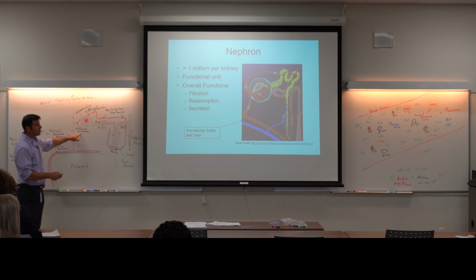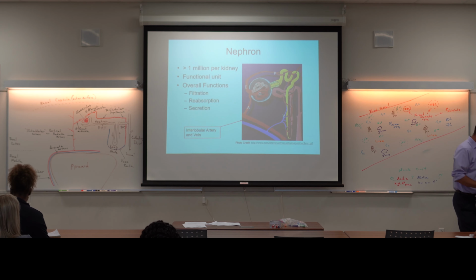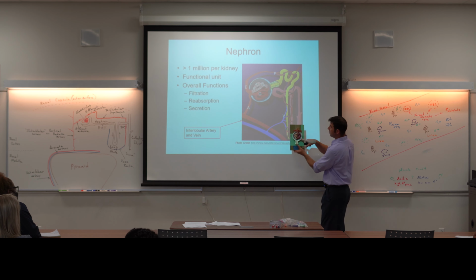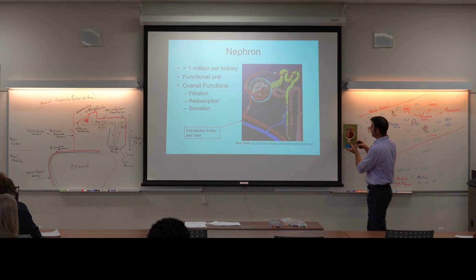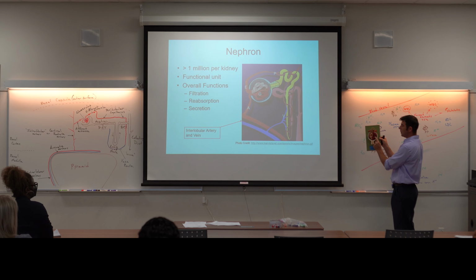Now, what's interesting about this picture, you can see just like the model that we have, we can see this glomerulus, this tangled bed of capillaries inside this nephron model. And what they've done is they've basically revealed this glomerulus on half of this nephron model.